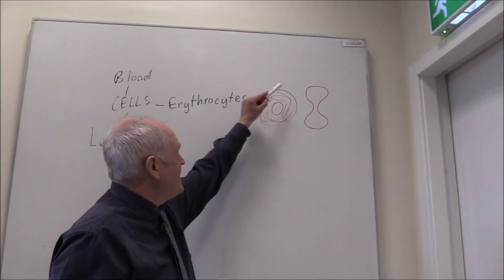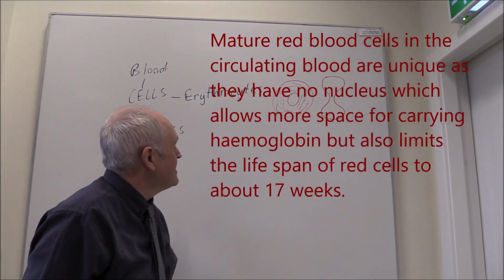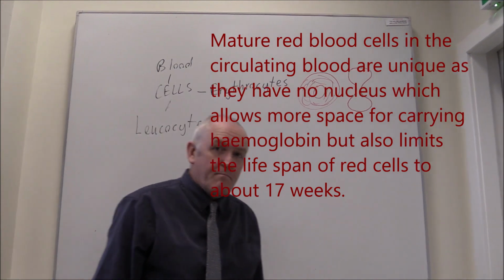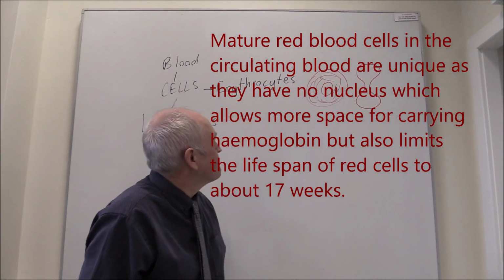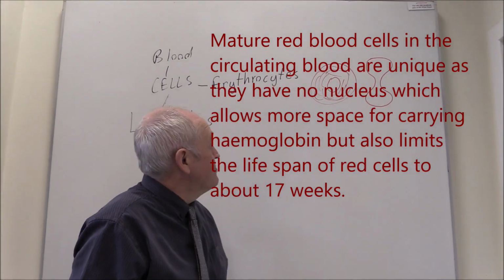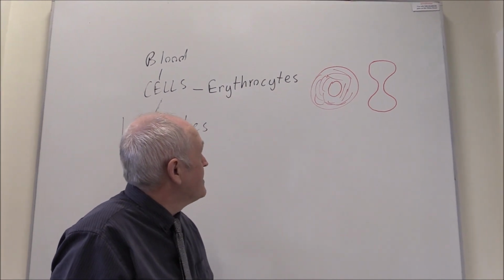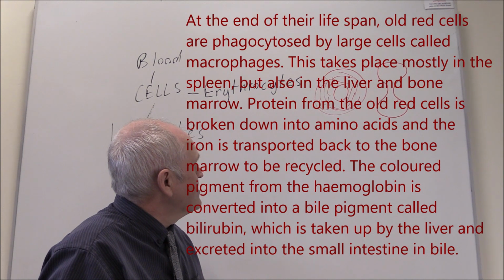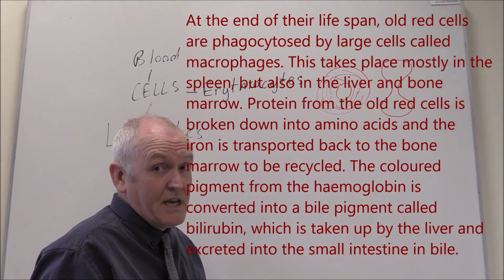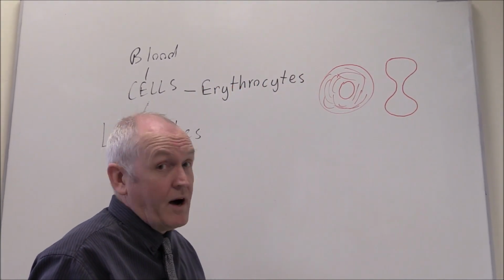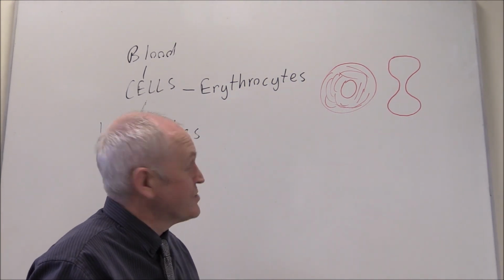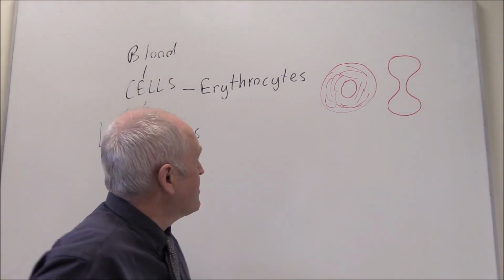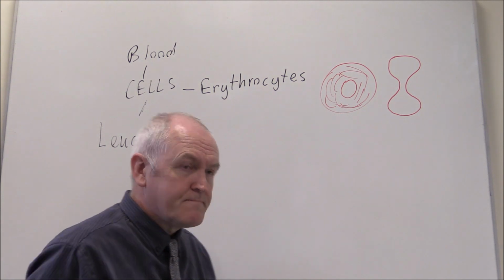After 120 days or so lifespan, they're broken down by macrophages, largely in the liver and spleen. They're broken down and the hemoglobin is recycled in the form of bilirubin to form bile. So it's not wasted, it's used as bile. The protein components are reabsorbed.